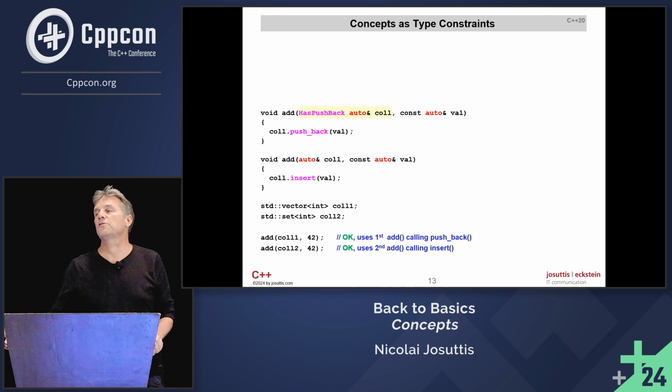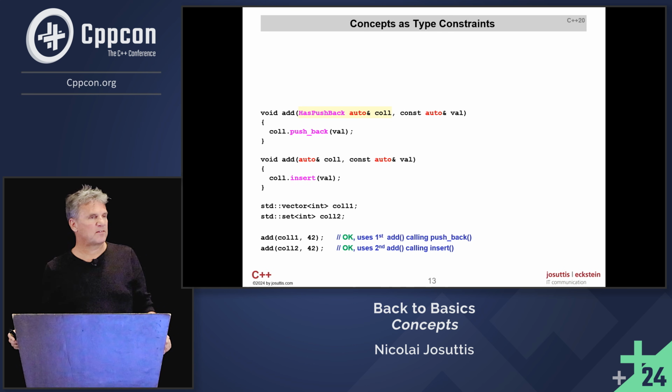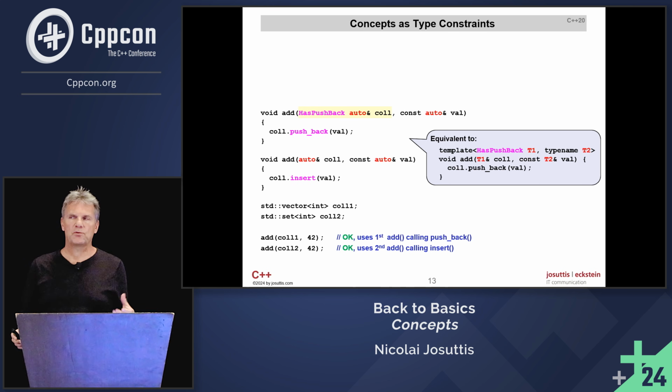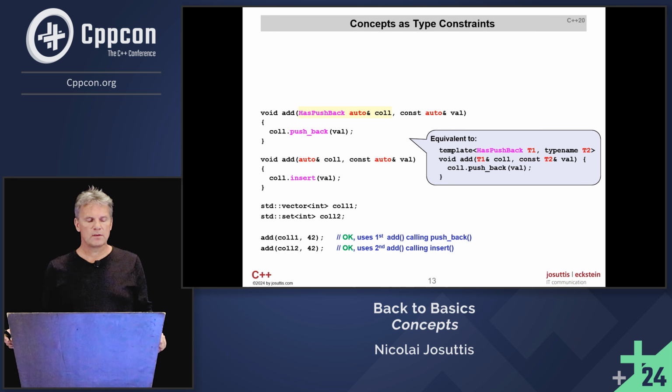Well, you just qualify auto with has_pushback, which you have seen before, which is equivalent to has_pushback used to be qualifying T1, so that we have a constraint for T1. So here we have a constraint for the type the collection uses as reference. You write it directly in front of auto. If you have a const auto reference, has_pushback would be between the const and the auto.